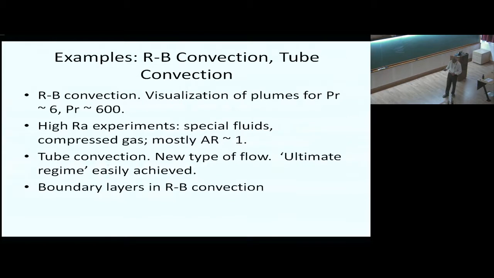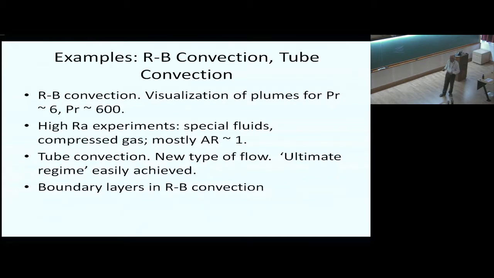And the other type of experiments which I will describe is what is called tube convection. It is convection in a very long vertical tube, and it's a relatively new type of flow. So it is like Rayleigh Bernard convection, it is again free convection or buoyancy-driven flow.